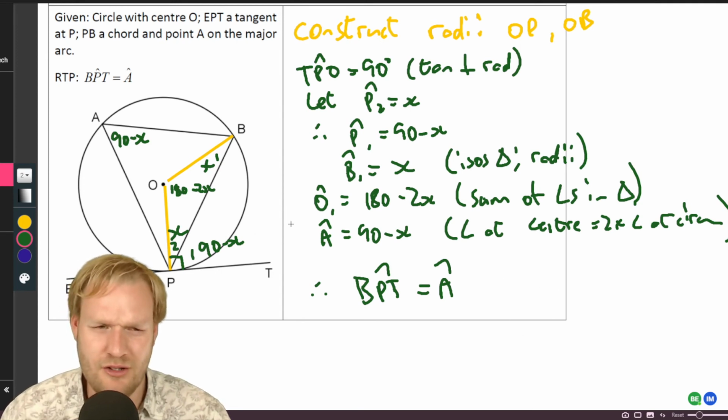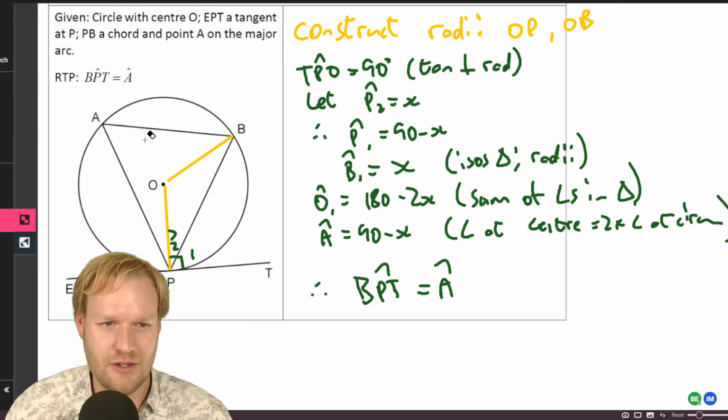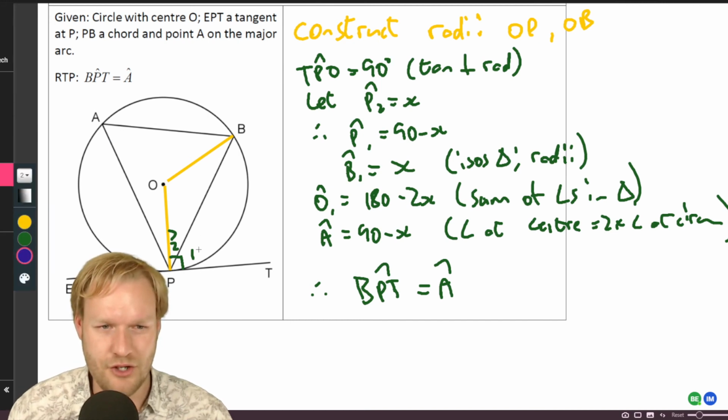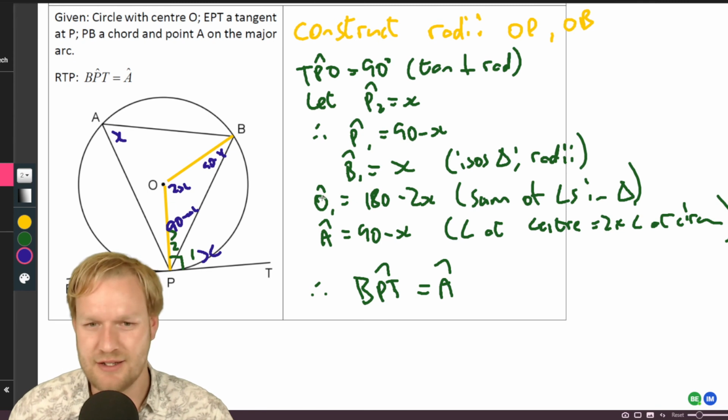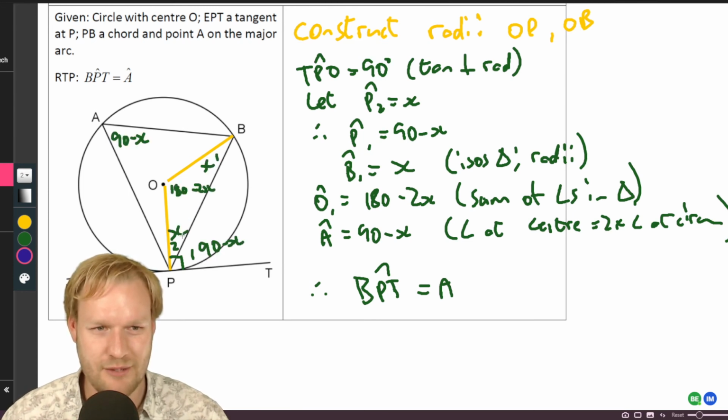Okay, and for your own sake, if you want to, you could have done the whole thing, and let me just do it like this, and said that this is x, this is 90 minus x, this is 90 minus x, therefore this is 2x, therefore that's x, and just let that equal x that way around. Six of one, half a dozen of the other. I'm going to leave it so the diagram matches what we wrote.